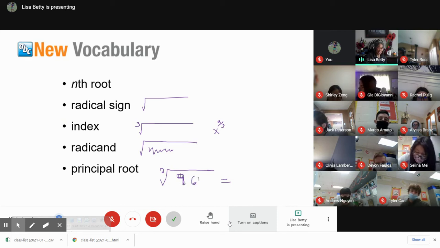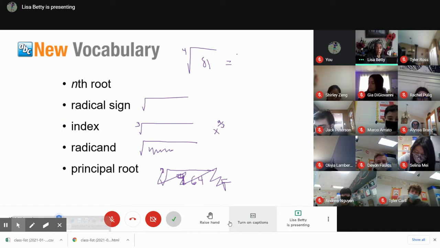Let's do 81. I know 81 has a 4th root. If I was to do the 4th root of 81, I have to know that it's positive or negative. This will come up on the next slide. 3, they both work. Because -3 times -3 times -3 times -3 is positive 81.